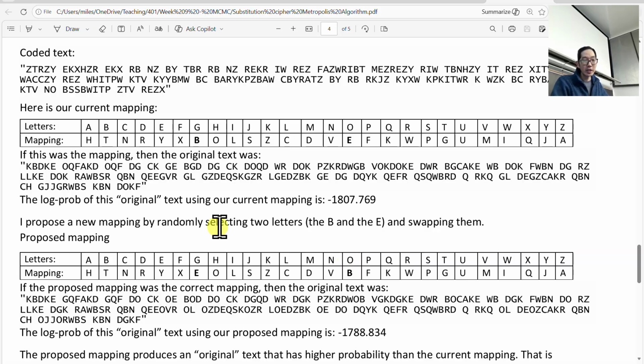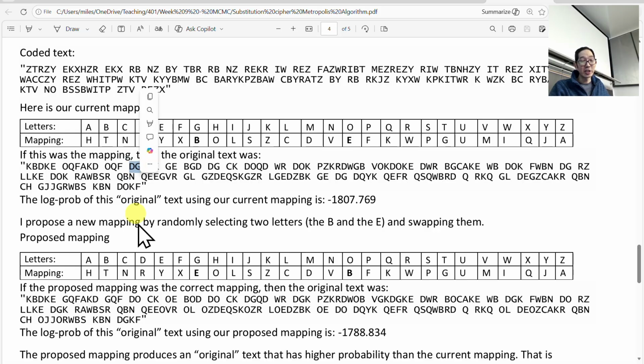And so what happens is that this word, RB, gets over here, the R corresponds to D and the B corresponds to G. So when we translate RB, it gets deciphered into DG.